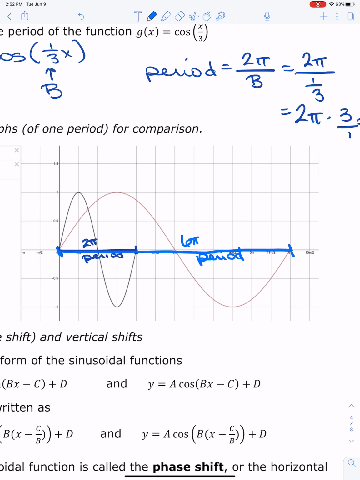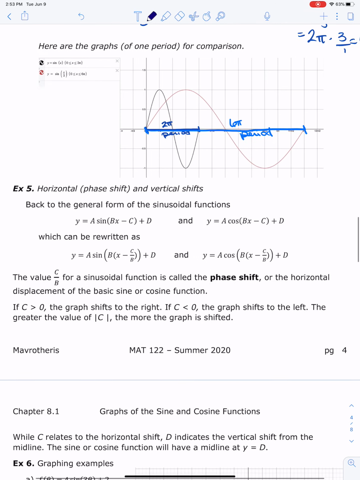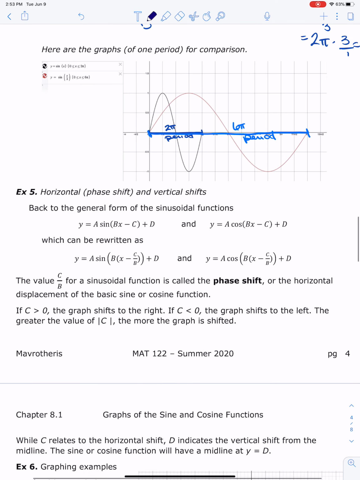Okay, so we start at that 0, we hit a max at 1, we go back to 0, minimum of -1, and back up to 0 in the span of 6 pi now instead of 2 pi. Okay, there's the period part.